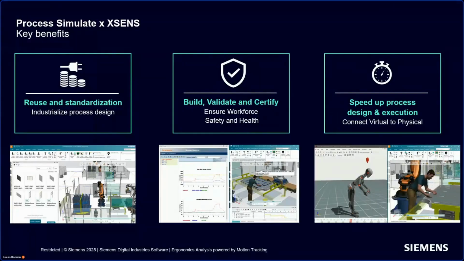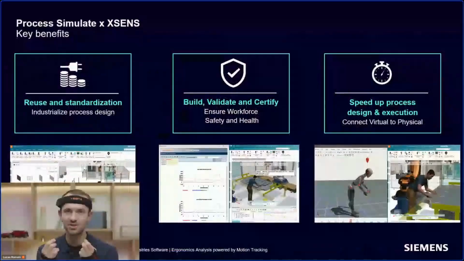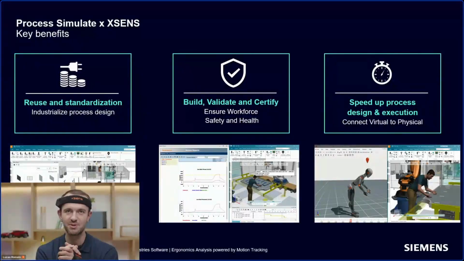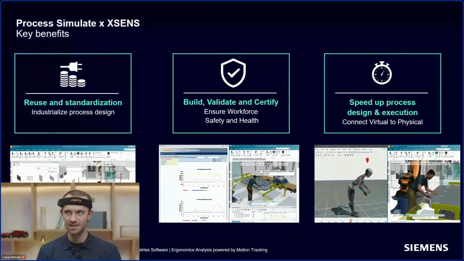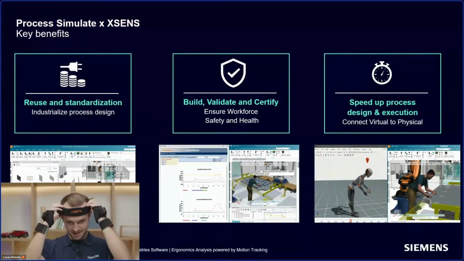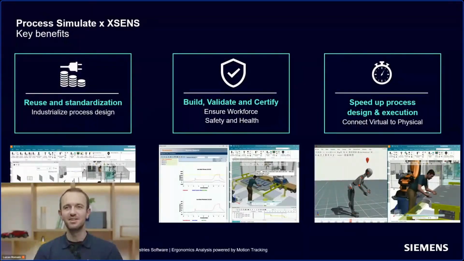So connecting the data from our partner Xsens with the mannequin inside Process Simulate, in order not to only use motion that have been engineered by your people using Process Simulate, but also to reuse really motion tracking data that have been populated by the people that are actually performing the job on a daily basis.